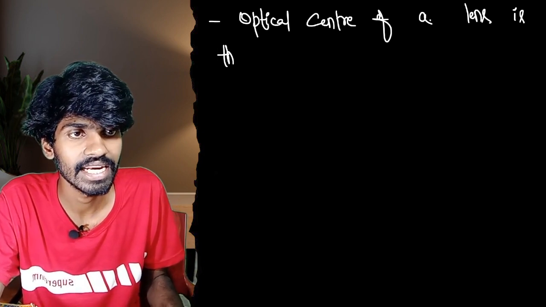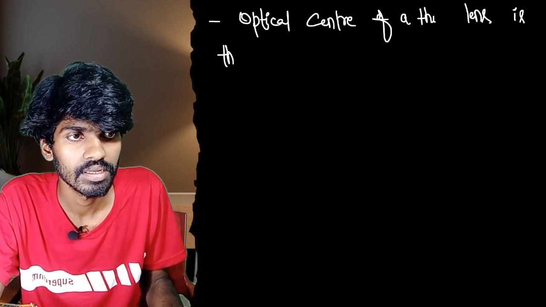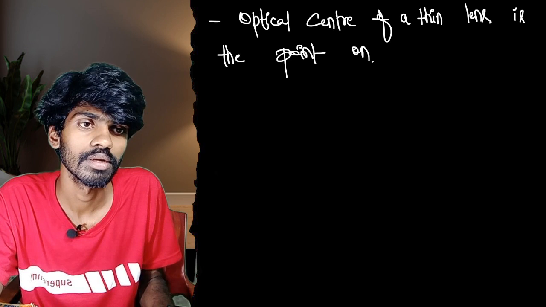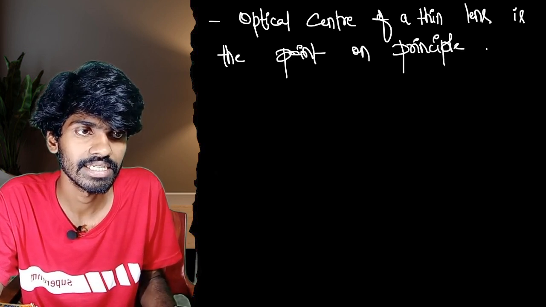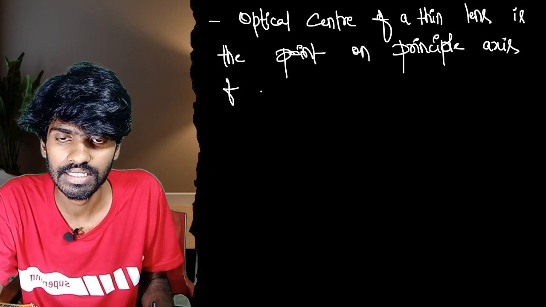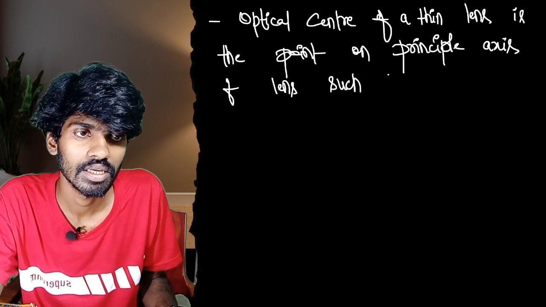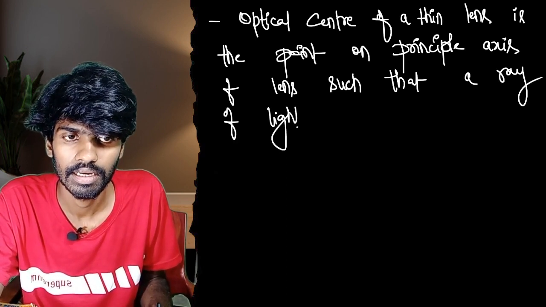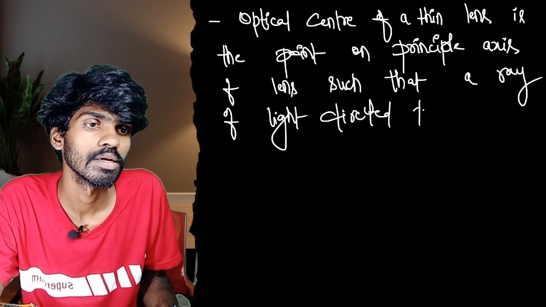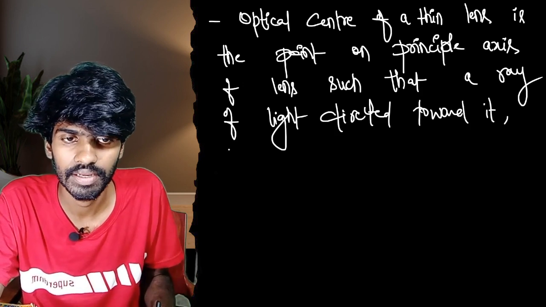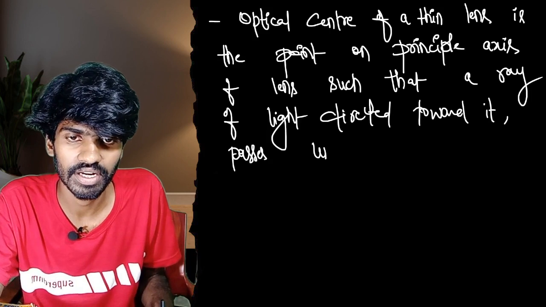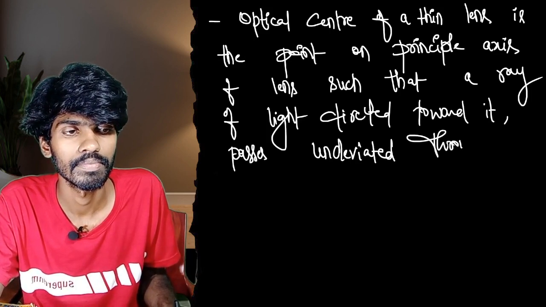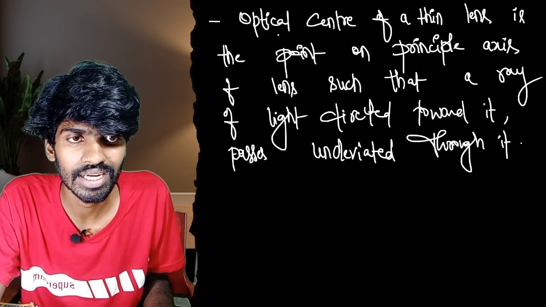So you can also mention the optical center of a thin lens is the point on the principal axis of the lens such that a ray of light directed toward it will pass undeviated through it. Okay, so this you can write for optical center.